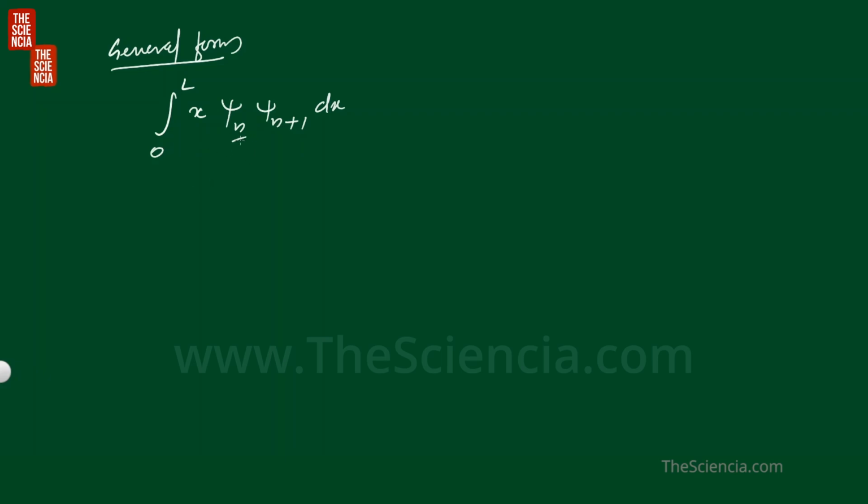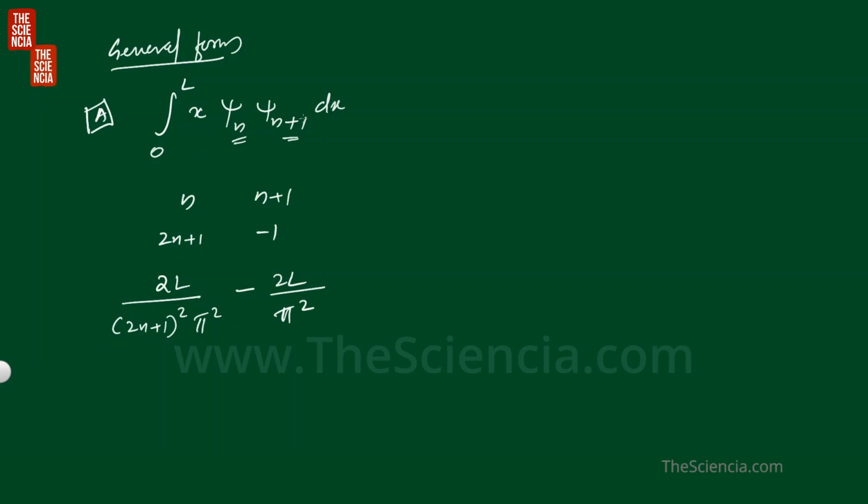Then, first term is n, next is n plus 1. Now we add n and n plus 1, that is 2n plus 1, and subtract n, that is minus 1. Now 2L by 2n plus 1 all square pi square, minus 2L by minus 1 square, that is pi square only. And this is the first case.